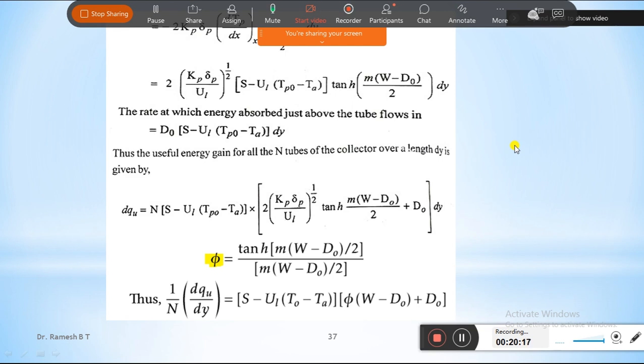This is the rate at which energy is conducted through the plate for only one fluid tube.